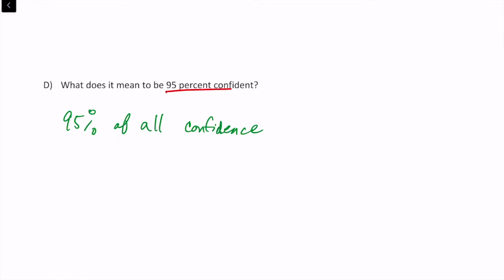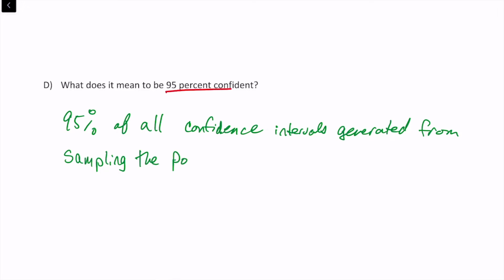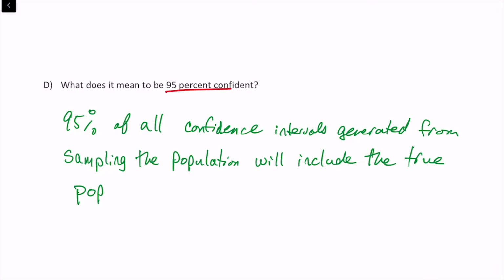So 95% of all confidence intervals generated from sampling the population will include the true population mean.